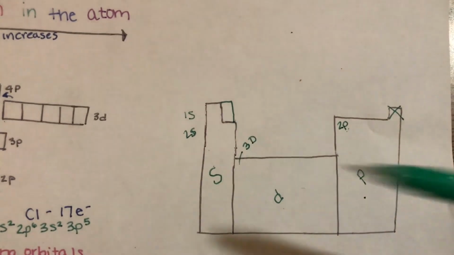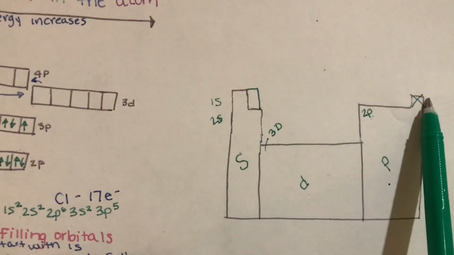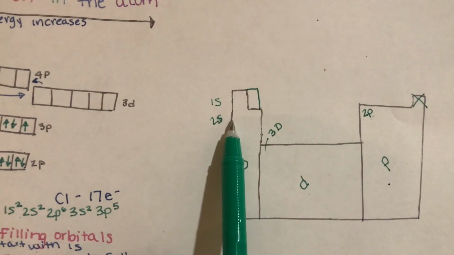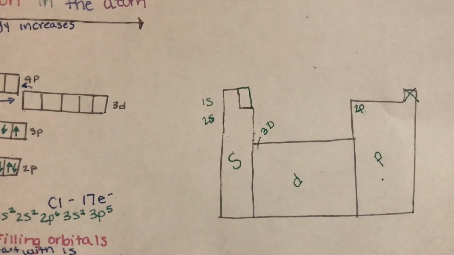So you can use the periodic table to fill out your configuration code. You're going to start at the top, work your way across. Once you get to the end of a row, you're going to start the next row, work your way across, start the next row, work your way across until you hit that element. So this is the majority of what we did in electron configuration. So I would suggest to look over your notes a little bit, but this should be pretty much it for this unit.